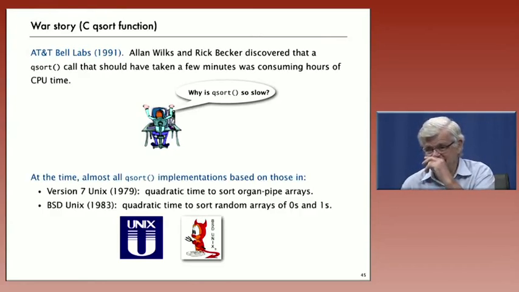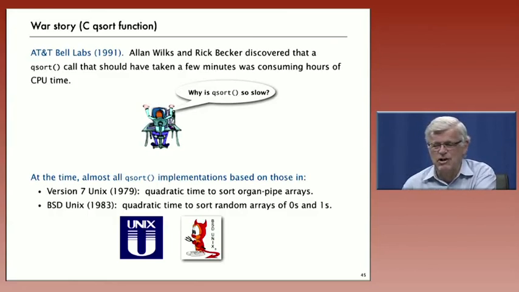The fact was that all the qsort implementations at that time in Unix had this flaw. Well, there were two flaws, and one of them is a little complicated, about the way the array is ordered. The other one was for arrays that had lots of equal keys, and this problem had lots of equal keys. It was quadratic time.